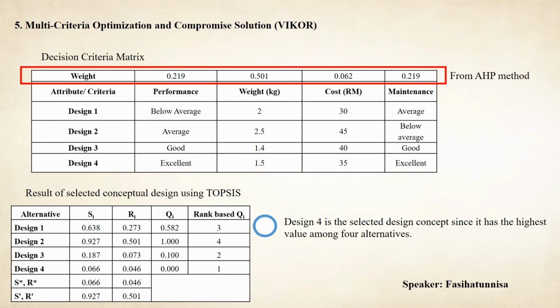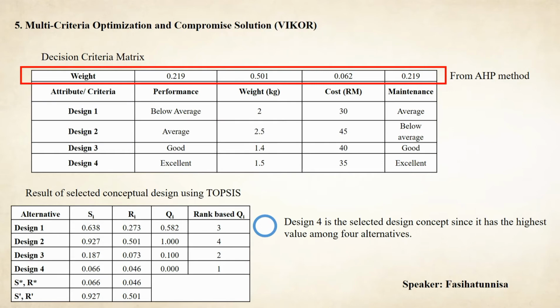Next is VIKOR. VIKOR is a Serbian name meaning multi-criteria optimization and compromise solution. There are 5 steps to develop the VIKOR method. We use v equal to 0.5, which is consensus, where v is known as the weight of the strategy of the majority of criteria, calculated at step 4.